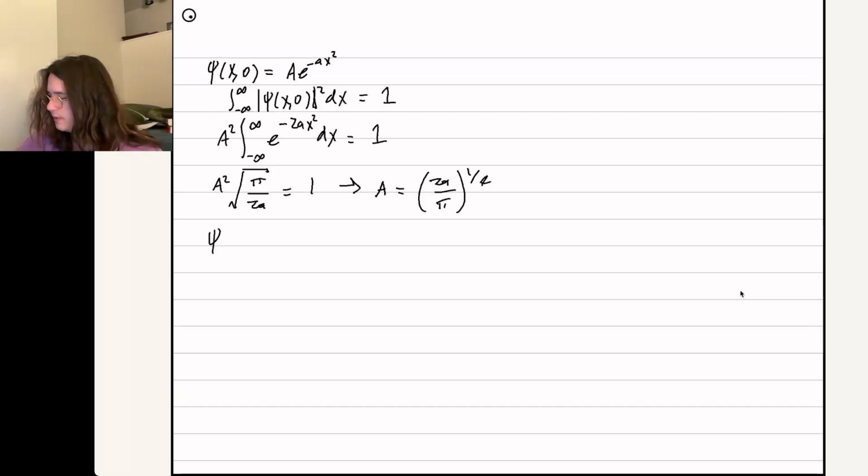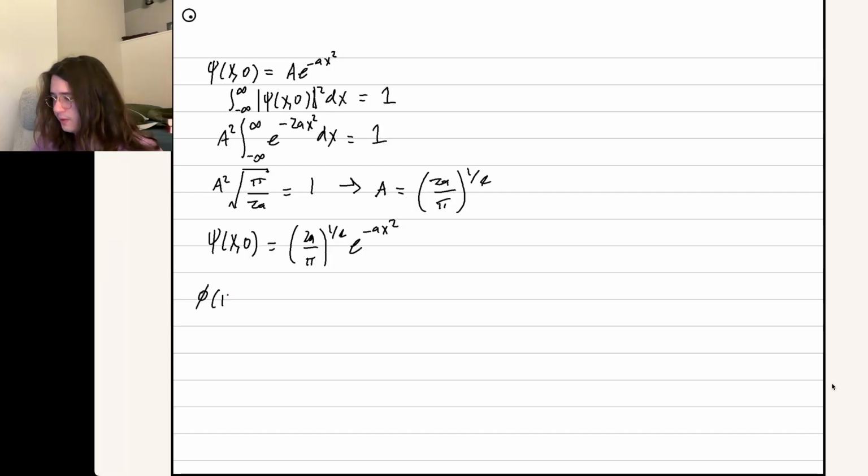We can rewrite now psi of x and 0 as (2a over pi) to the 1/4 e to the minus ax squared. So we have the time-independent wave function. To get the time-dependent one, first we need to take a Fourier transform of the time-independent wave function.